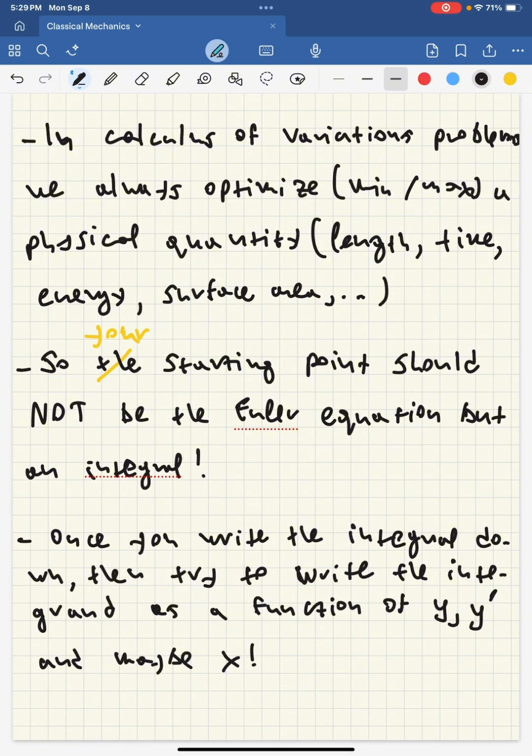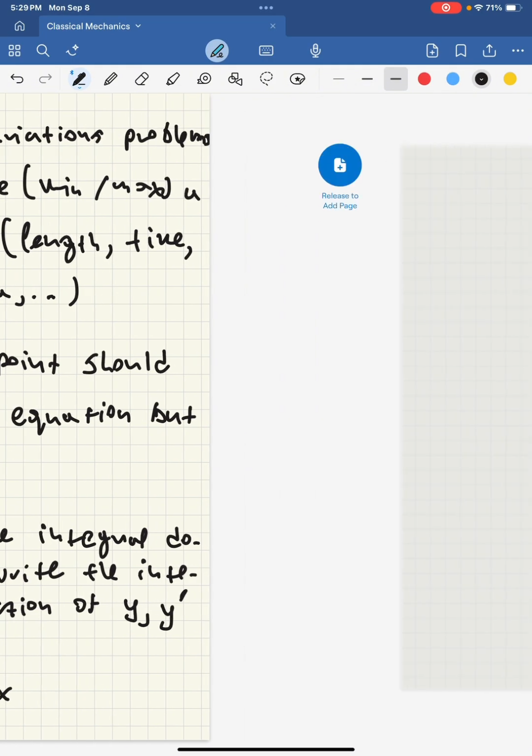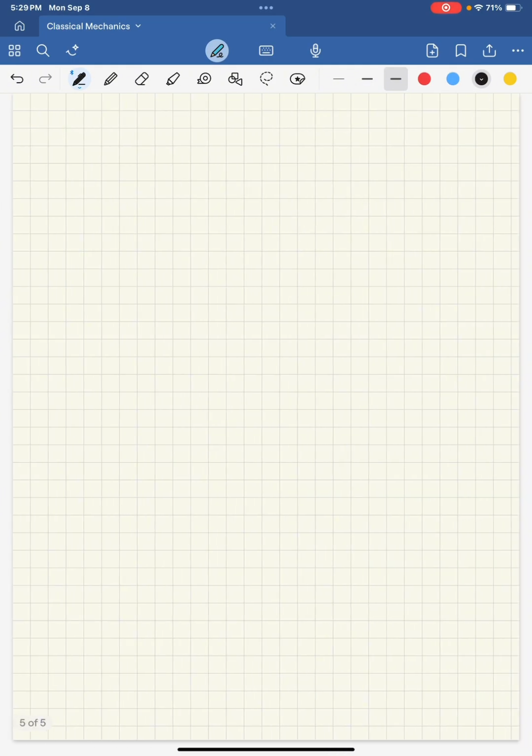To remind you, if I have an integral I equals, let's say, an indefinite integral of some function f of x dx, this right here is the integrand. Now, these are some general remarks, and let's go back to the problem.